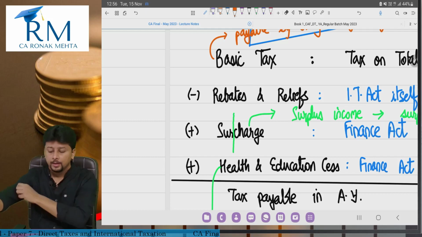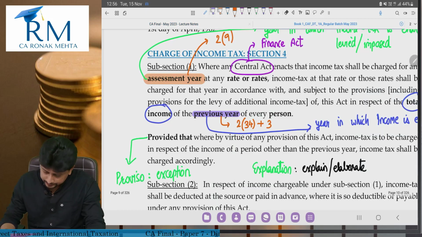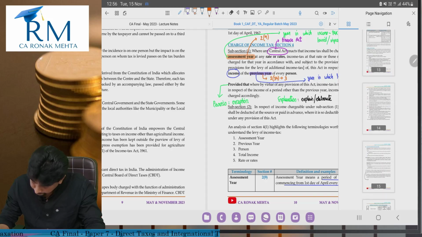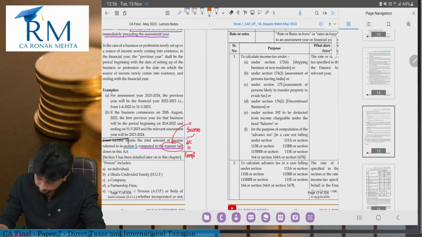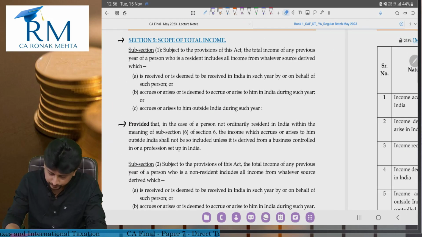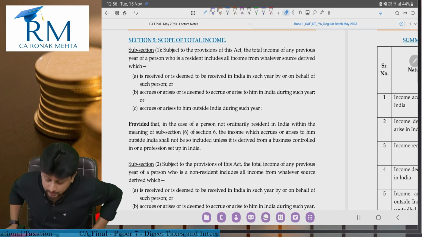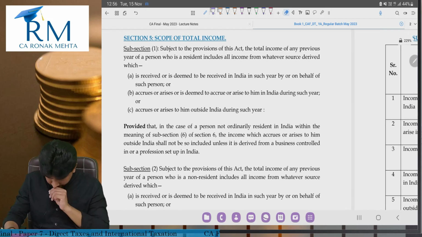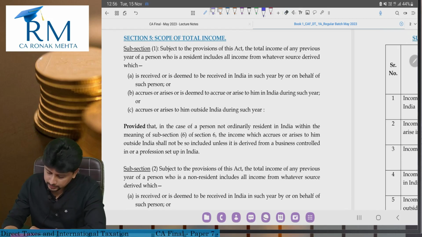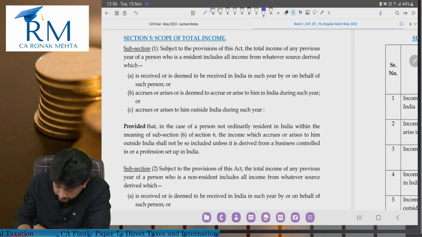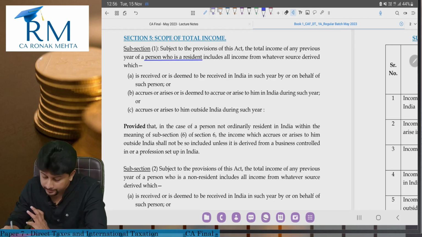Chalo, section 5. Scope of total income. Subject to the provisions of this Act, the total income of any previous year of a person who is a resident. So subsection 1 talks about you being a resident.